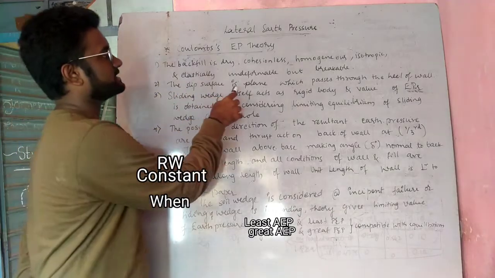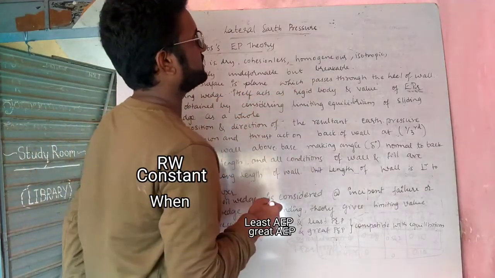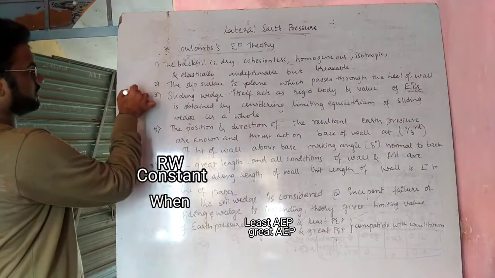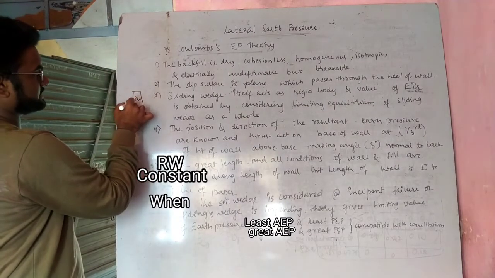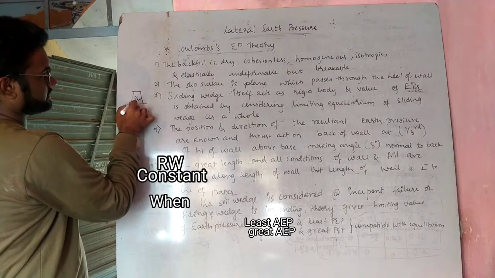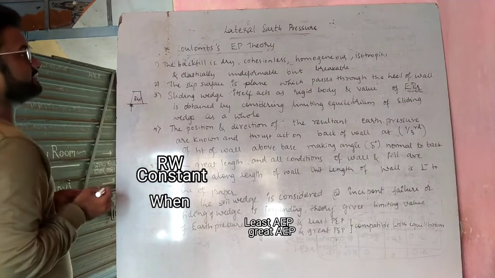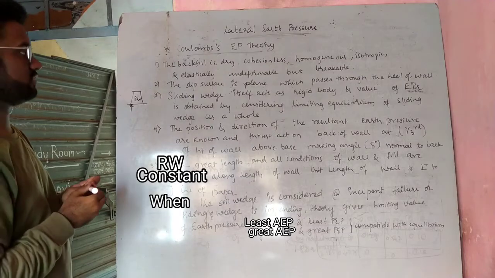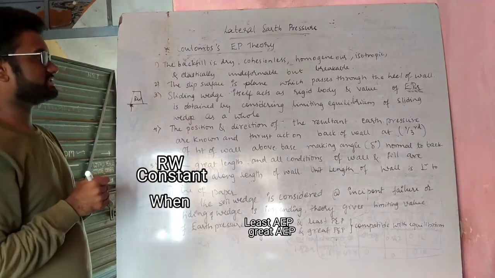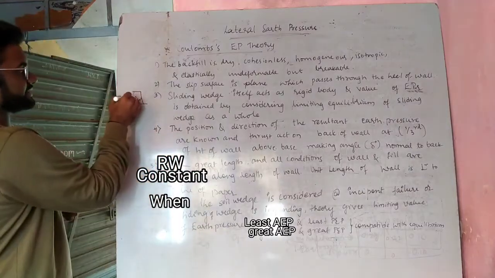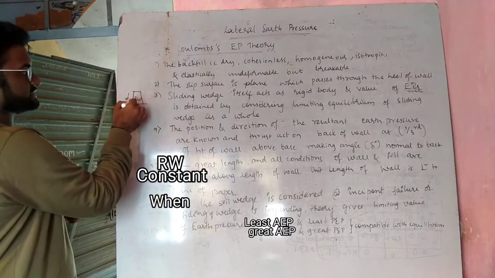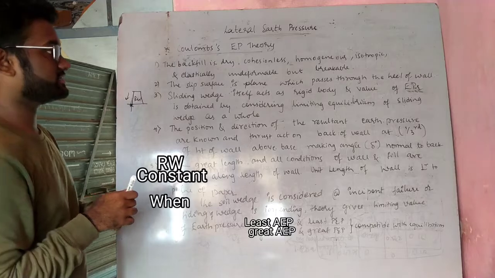The slip failure is a plane which passes through the heel of the wall. If this is the retaining wall, and this is the heel of the wall, slip failure takes place in the plane passing through the heel of the wall. This is what the second point says. If this is the sliding wedge, it itself acts as a rigid body.